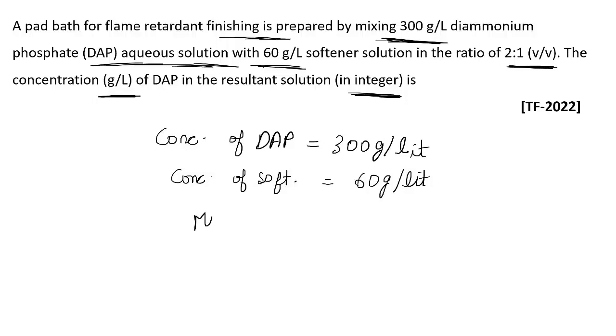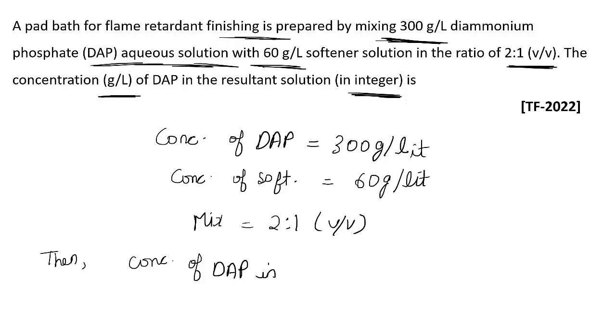So when it is mixed in the ratio of 2:1 volume by volume, then the concentration of DAP in the resultant solution is, so the DAP is 2 parts out of a total of 3, and whatever be the concentration of DAP is 300.